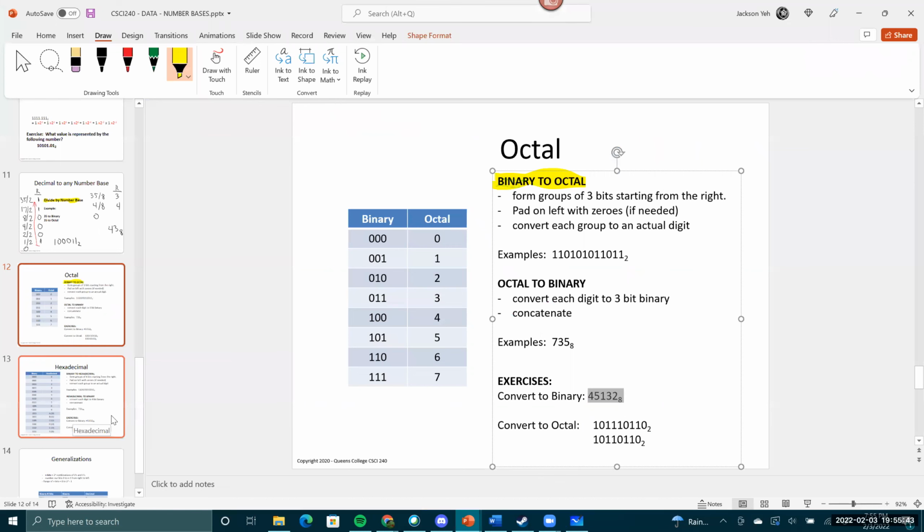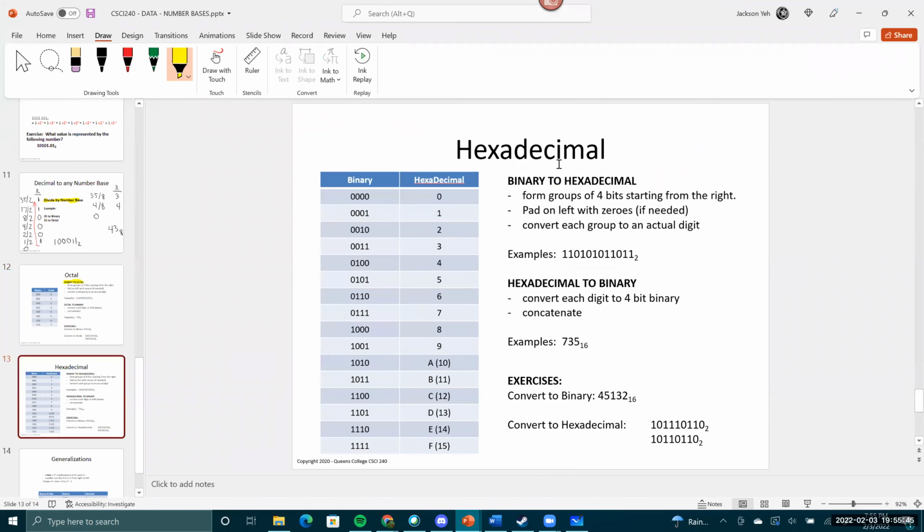With hex, hexadecimal is base 16, which means that each digit position has 16 distinct values. If you look at this table for hexadecimal, it goes from 0, 1, 2, 3, 4, 5, all the way up to 9, and then it goes to A. The letter A represents the value 10.